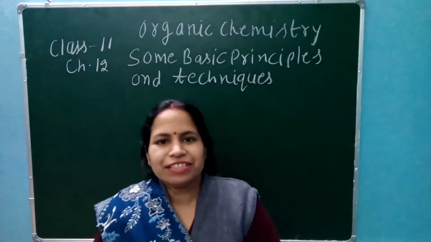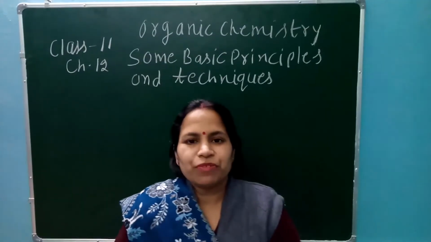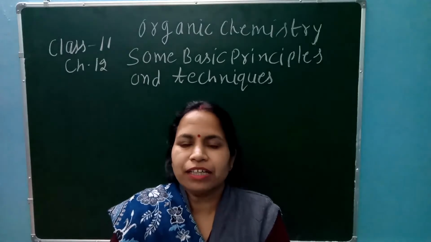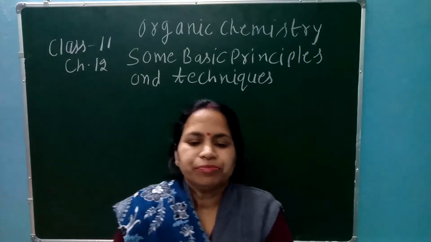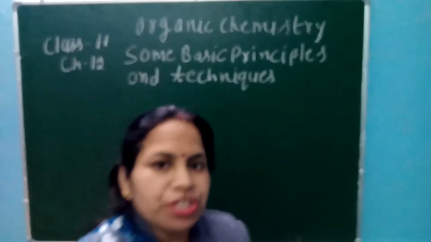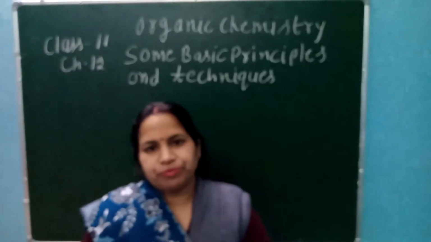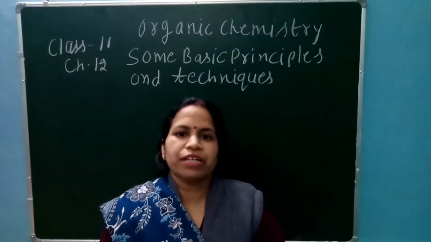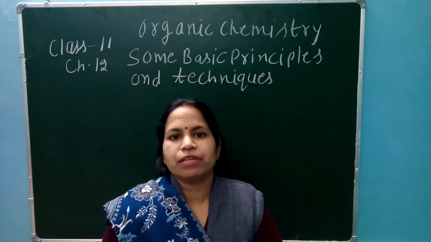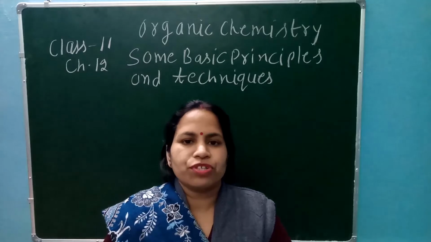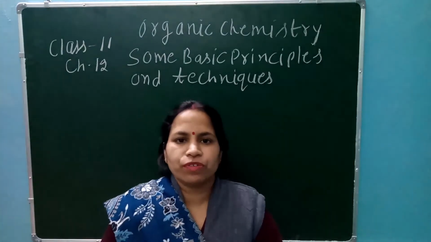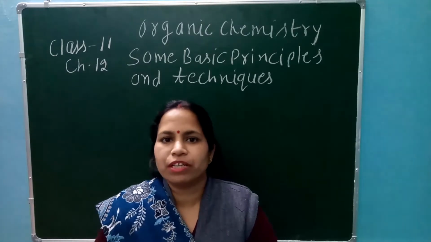Hello students. So now we are going to start the second topic of organic chemistry, catenation power of carbon. What are the unique properties of carbon in organic chemistry? We already discussed in the first class the introduction of organic chemistry: what is organic chemistry, what is inorganic chemistry.